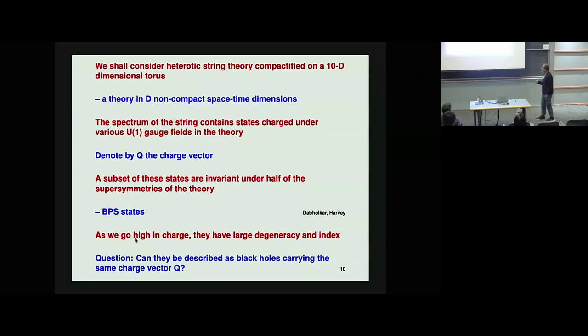As we go high in charge, they have large degeneracy and index, and the question is, can they be described as black holes carrying the same charge vector Q? And one of the tests will be that the log of the index should agree with the log of the index that we calculate from the black hole side.